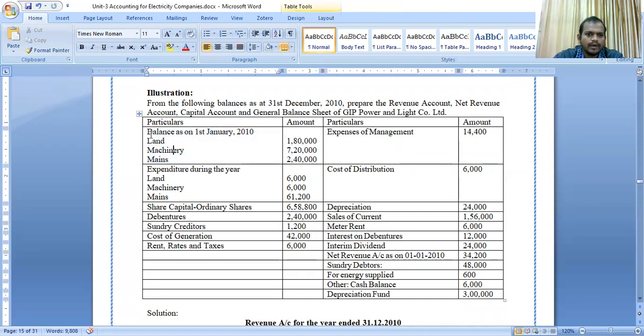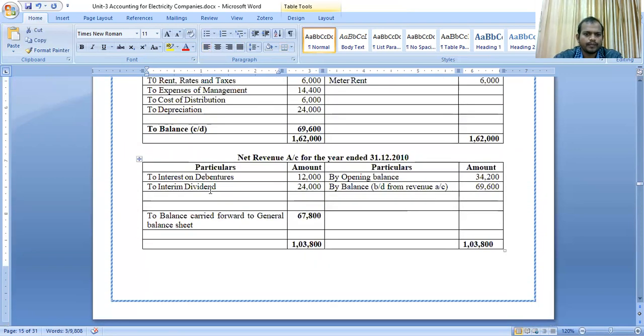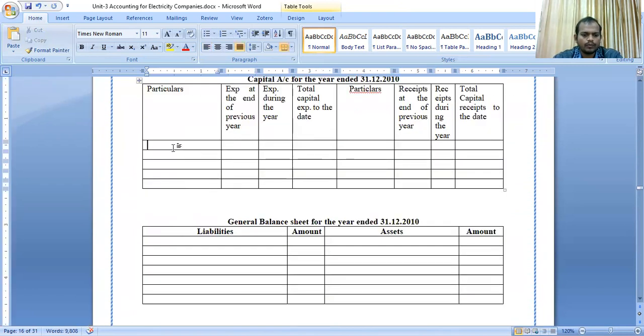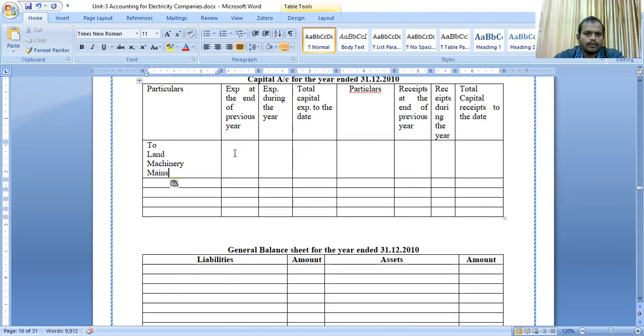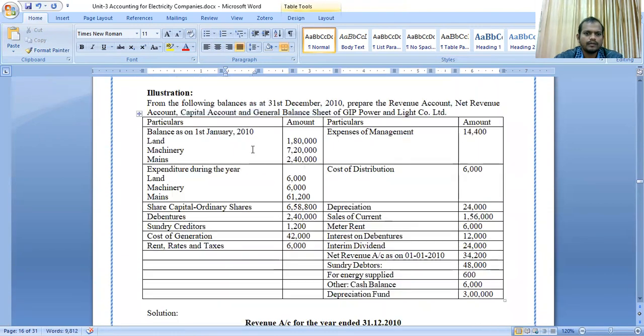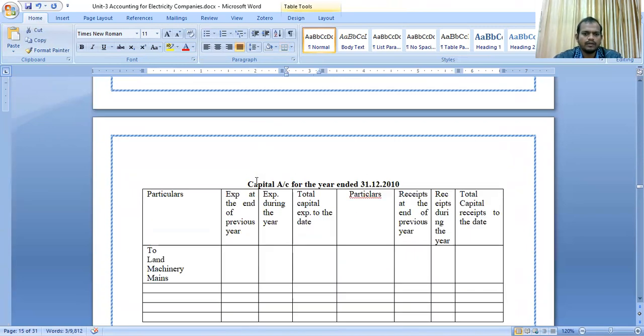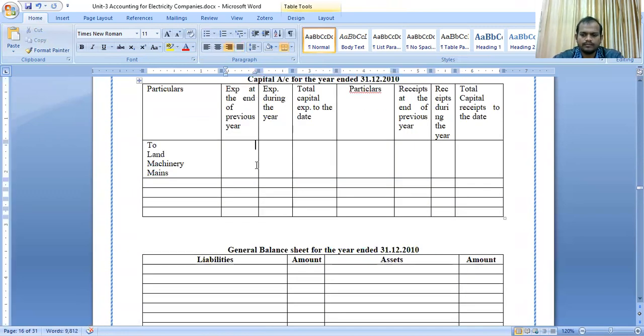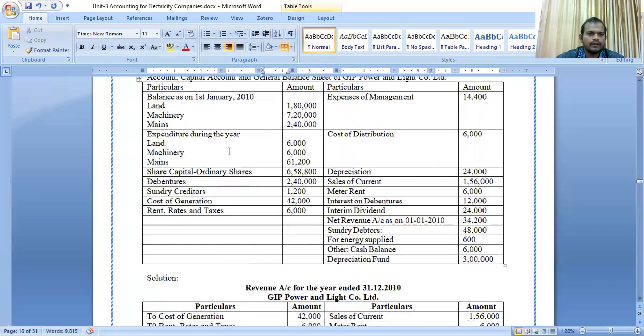Land, so balance as on 1st January 2010, in the sense these are the opening balances. So at the end of the previous year, in the sense these are the balances at the end of the previous year. During the year, expenditure during the year.